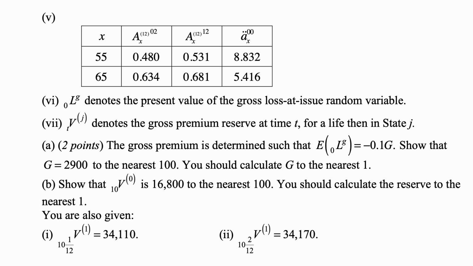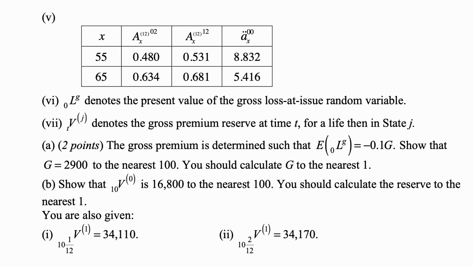It's a bit strange because you have this 12 and then 0, 2. But that simply means 12 in parentheses means that the payment is at the end of the month of death, and 0, 2 means that the payment is upon transition from state 0 to state 2. And same for transition from state 1 to state 2.